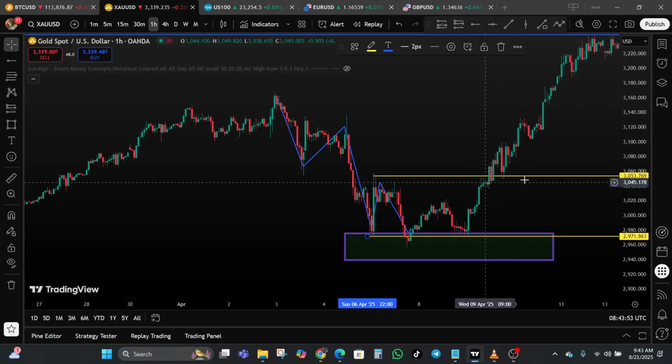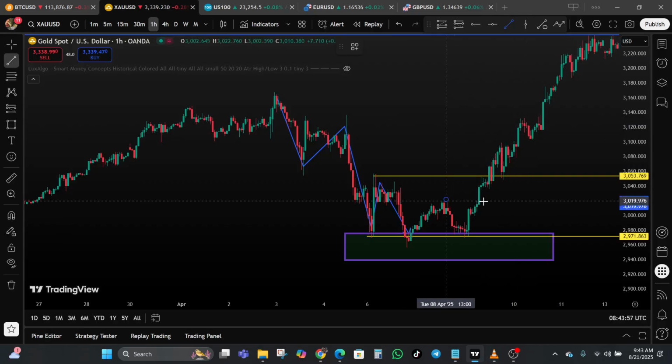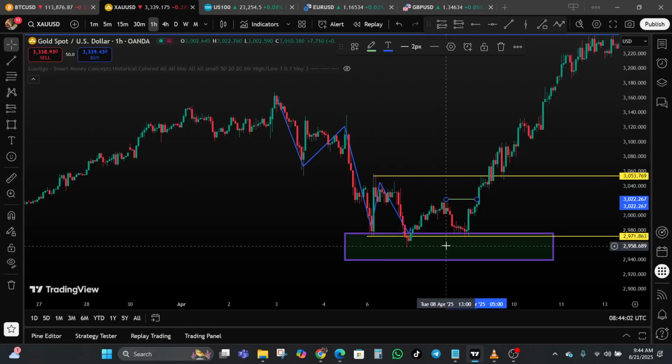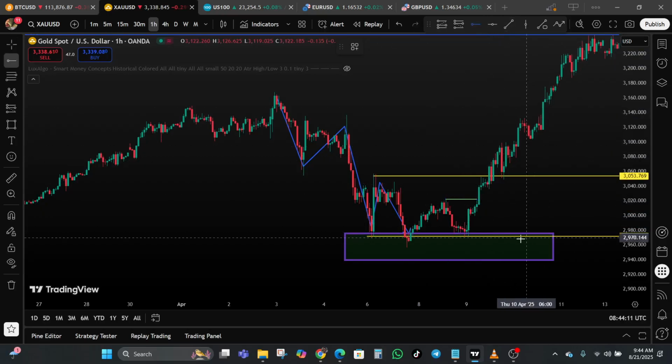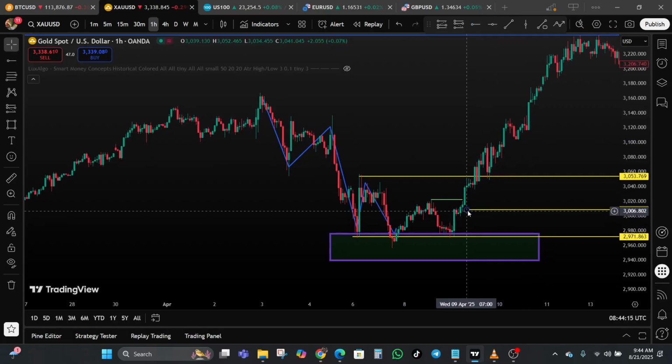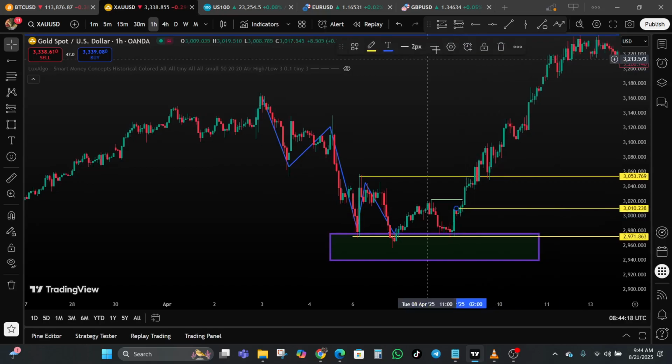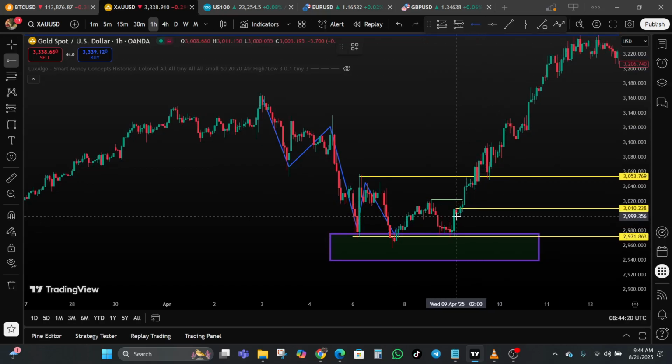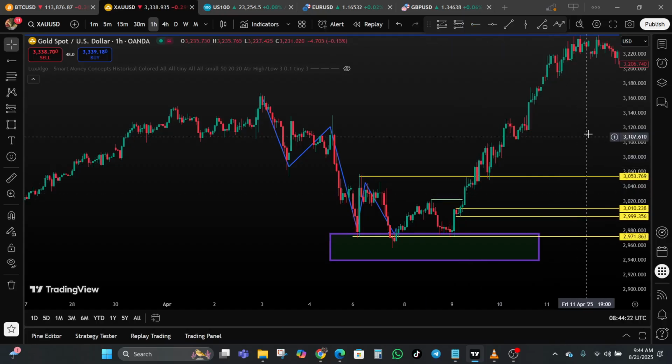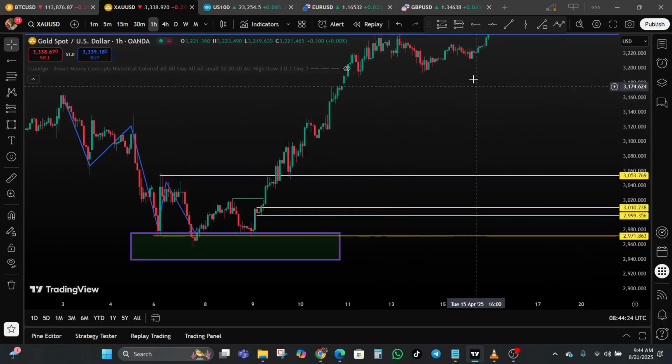So, for example, if you are new to the concept of order block, here we had a change of character. Lower highs, and then we had a higher high here. So in that case, the last bearish candle is going to be this, the last bearish candle before that move. So we have a bullish order block around there.